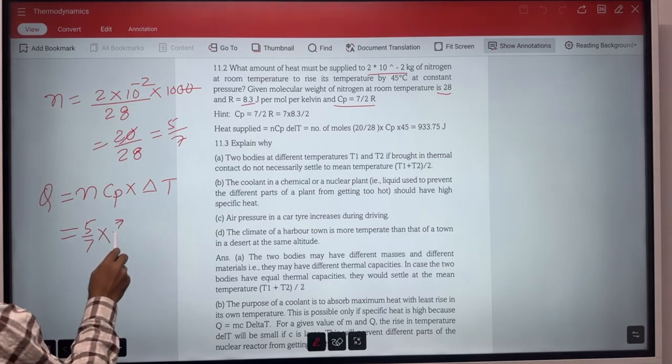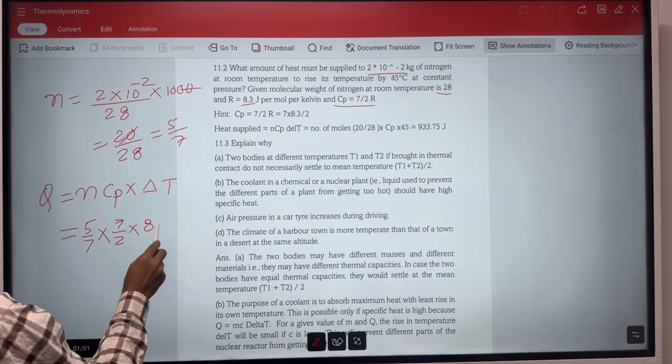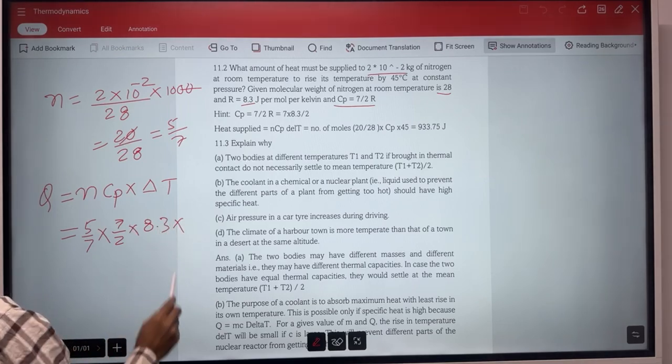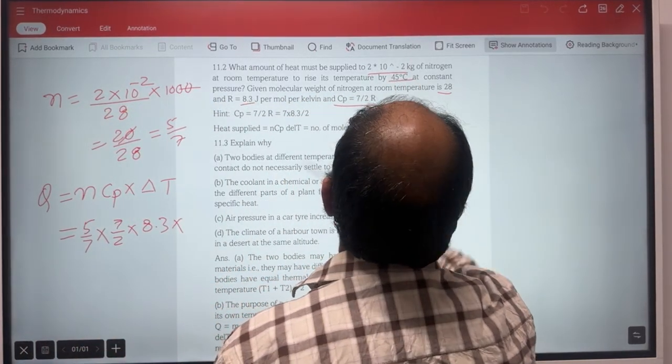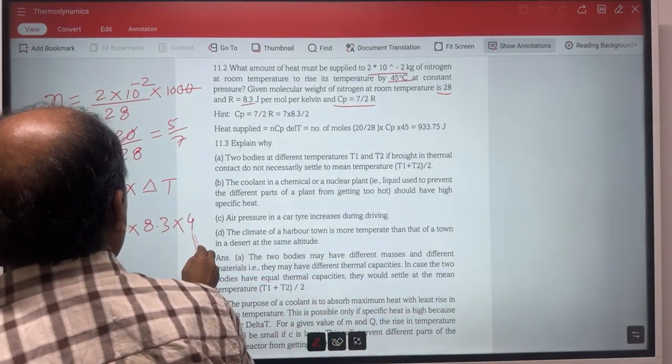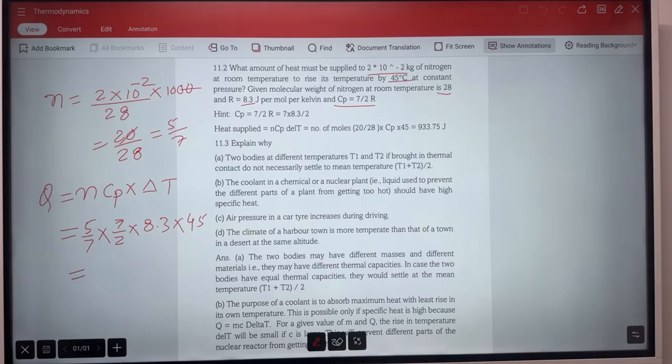So 7 by 2 into R, R is 8.3 we can write, and then multiplied by change in temperature. Temperature is 45 degrees centigrade. So just write 45 here. Now simplify. So here 7 will cancel out.